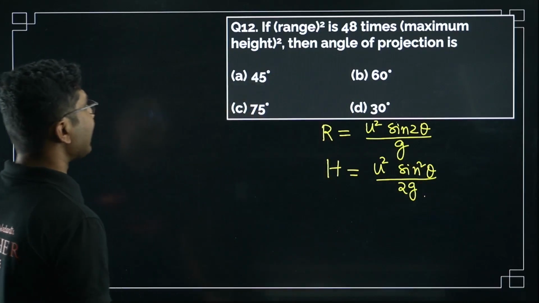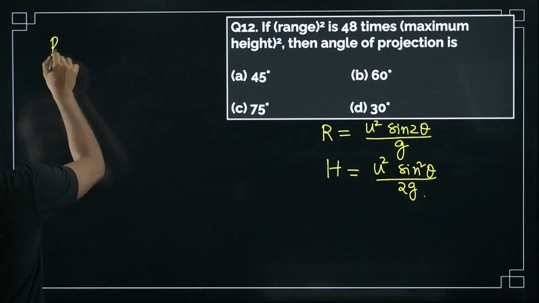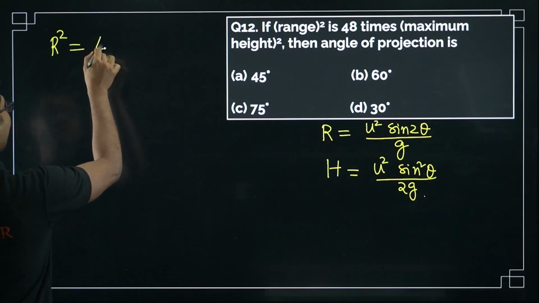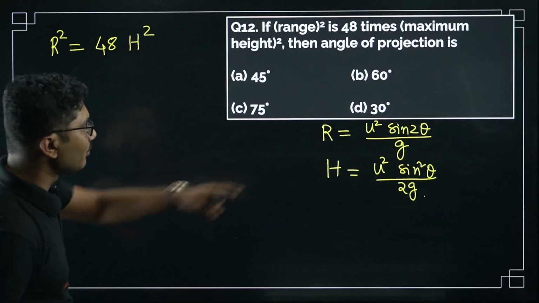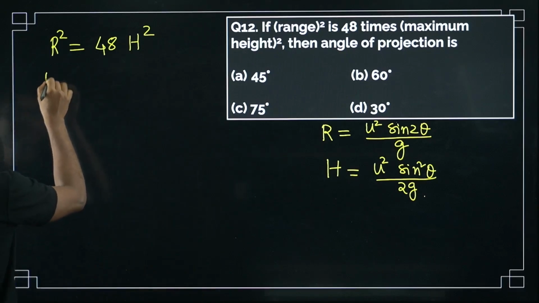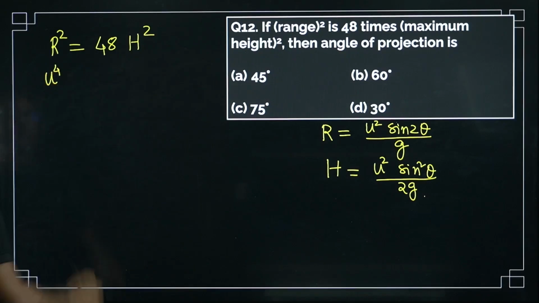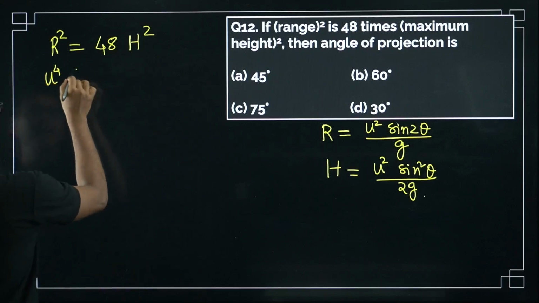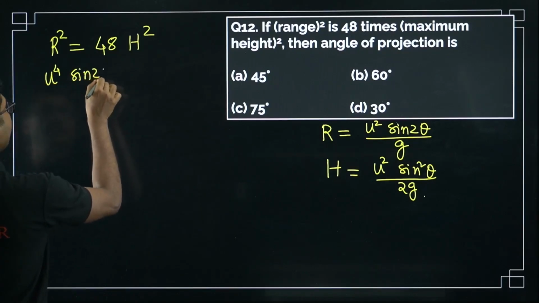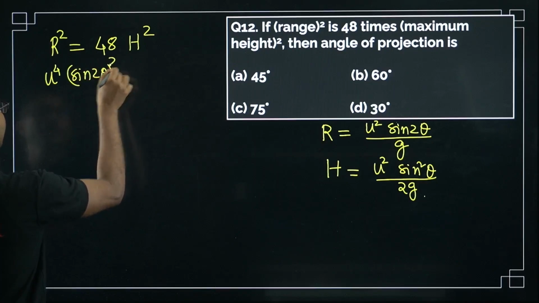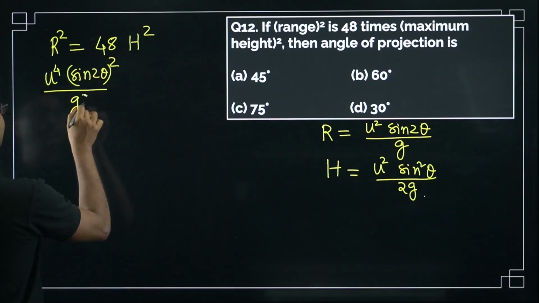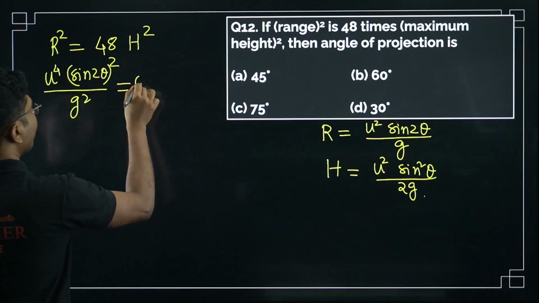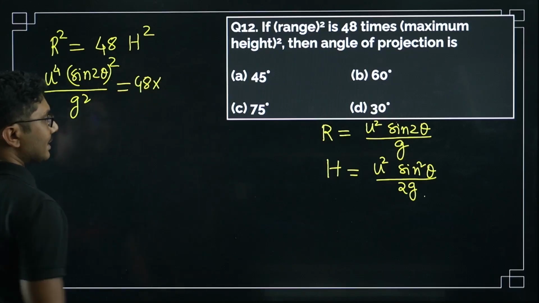Okay, now it says that range square is equal to 48 times height square. So now put the square of these terms. So u square will be u to the power 4, right? Sine 2 theta whole square divided by g square, right? This is R square equals 48 into what is height?